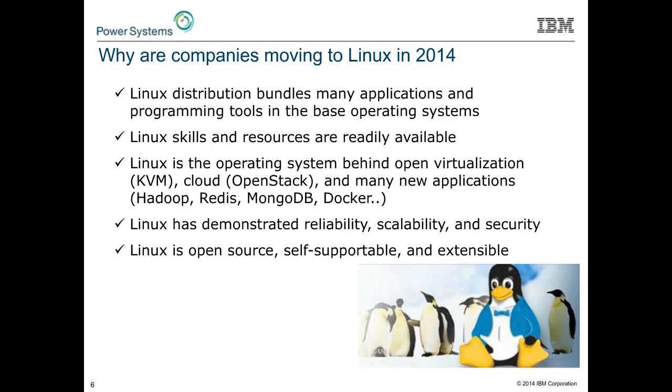The fourth reason people go with Linux is that it has now demonstrated enough reliability, security, scalability, etc. to be part of their enterprise, a rather basic but not to be forgotten fundamental. It's there. And the fifth one is that because it's open source, it's extensible, it's self-supportable.